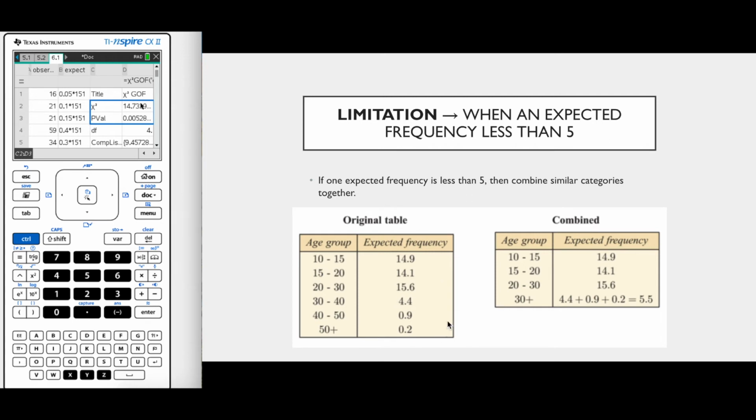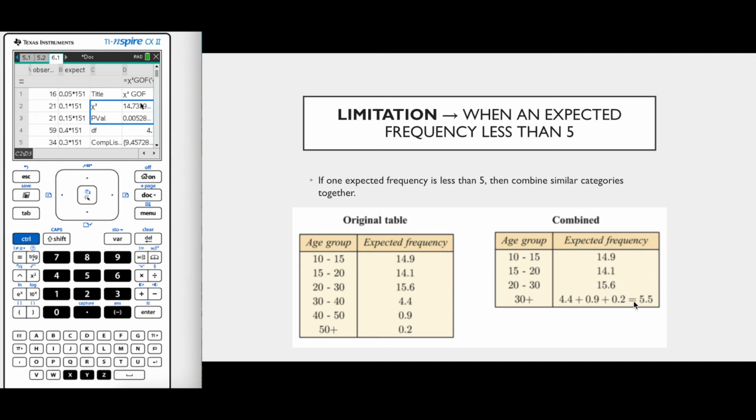So for example here, if this is our expected frequency, we see that there's 3 categories here that are under 5. So we would combine these 3 together, so 30 to 40, 40 to 50, and 50 up. We would combine this and we would have new data where you're using only the 14.9, 14.1, 15.6, and the 5.5.